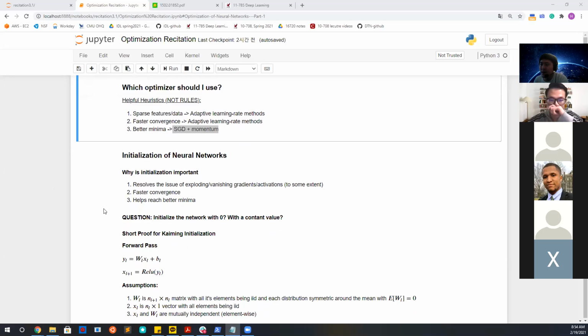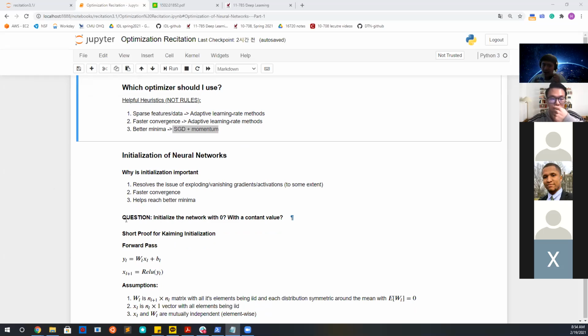I want you to think about what happens if you initialize a network with constant values, all the same values, or maybe zero. Try to think about what happens during training if you set everything to zero and start.